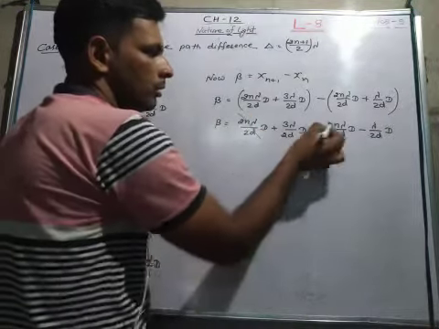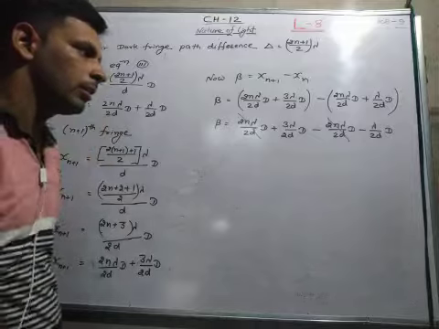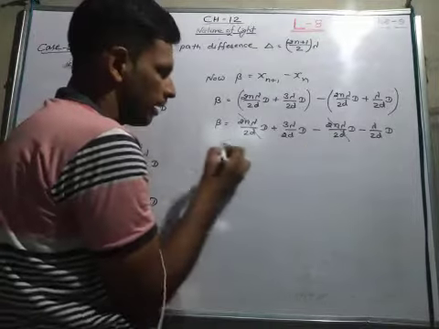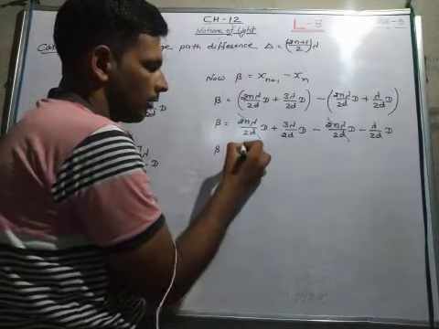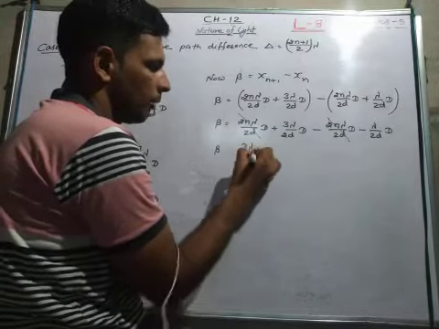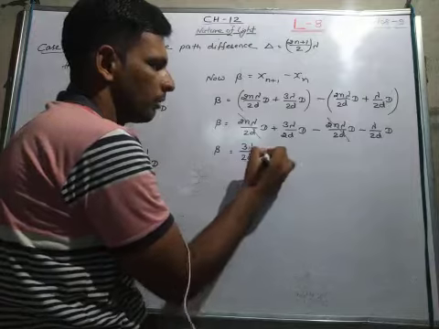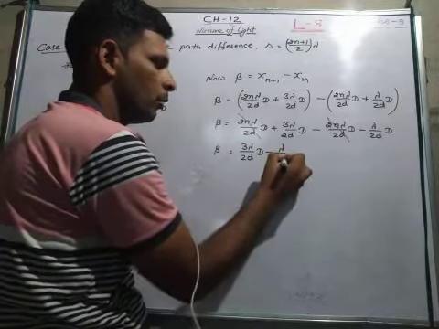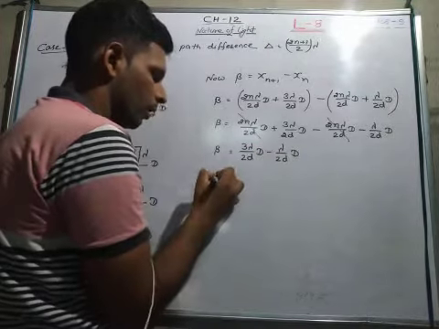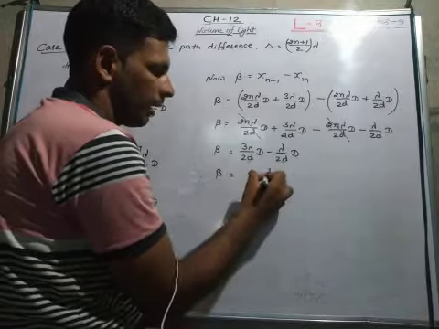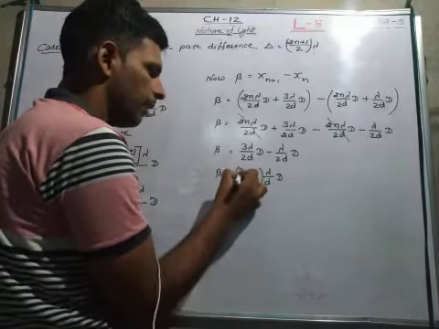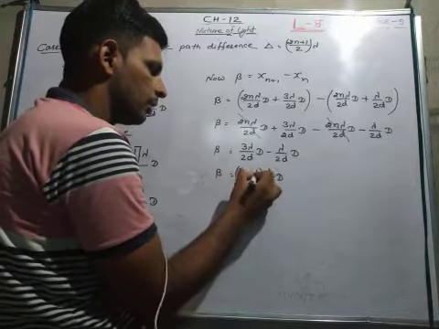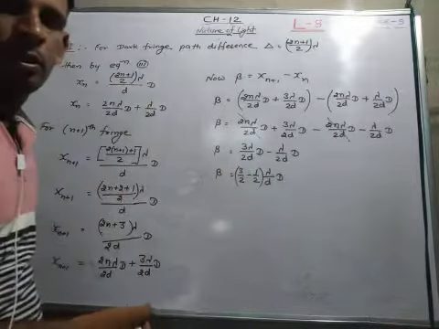Okay, these cancel each other. This is positive and this is negative, so they cancel. We remain with 3 lambda upon 2d into D minus lambda upon 2d into D. We take common lambda upon small d into capital D, then remains 3 by 2 minus 1 upon 2.